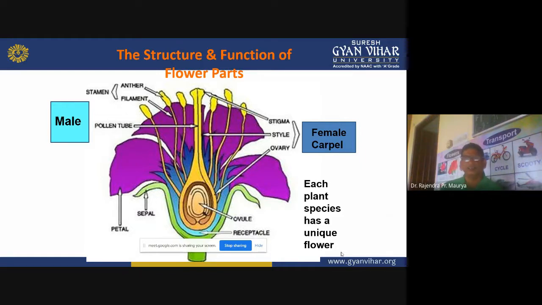That is cross pollination, and it happens due to insects. So we can say this is entomophilic pollination.